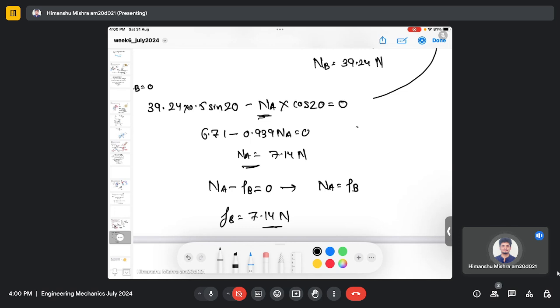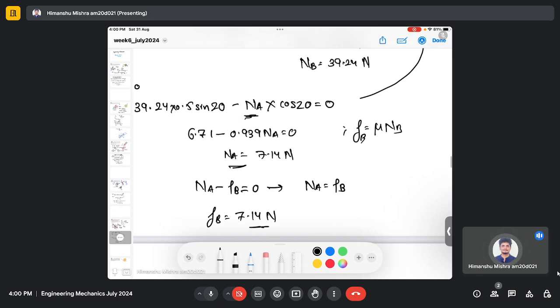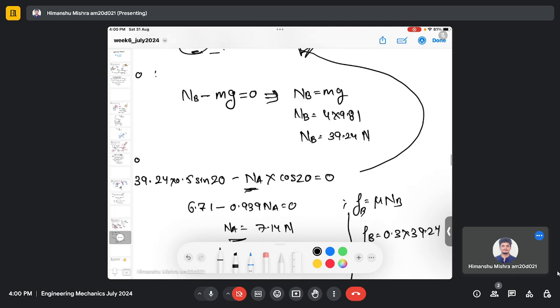Now you can also calculate the friction force by mu NB, right? If you calculate the friction force by this, it's the maximum friction force at point B. My NB is 39.24 that we found earlier here.